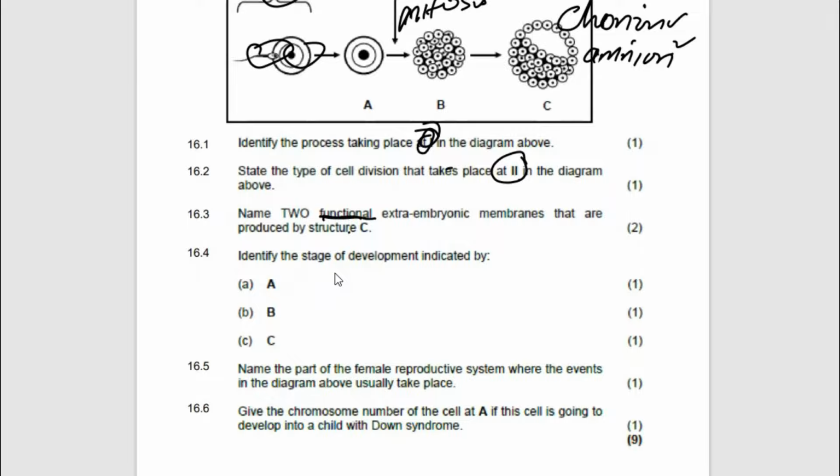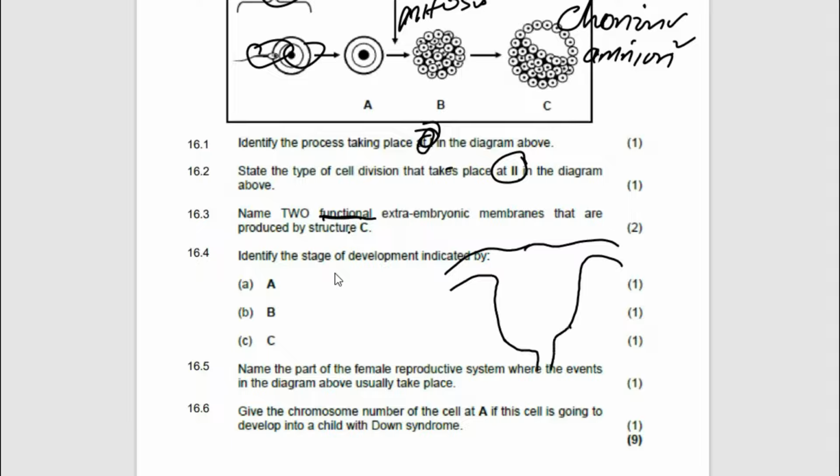Name the part of the female reproductive system where the events in the diagram above usually take place. Where do we find this? They occur in the fallopian tube, because fertilization will take place in the fallopian tube.